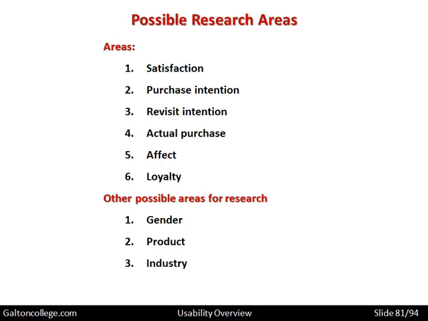Some items, cosmetics, for example, people will want to see what the effects of the cosmetics are and get the experience of the product rather than simply buy it online. So it depends really on the industry. It depends on the type of product, what's suitable, what's not suitable.